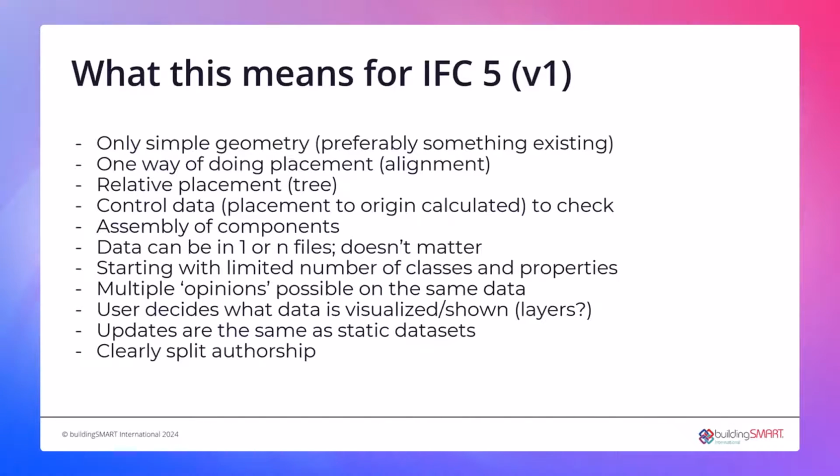Control data to check. I put that in there, but I don't know what it means. Yeah. So when you have this relative placement tree, you have a relative position to another object, but there's also this, I think, 5-year or 10-year-old idea to then also have the placement to the origin point, to check, if you render the placement tree, whether the actual end position of the relative placement is the same from the origin as the original one.